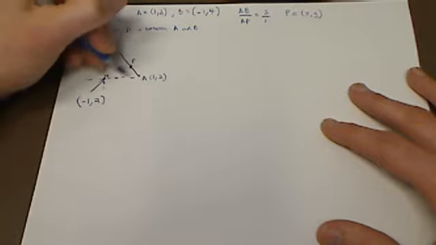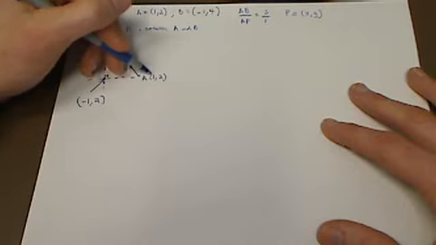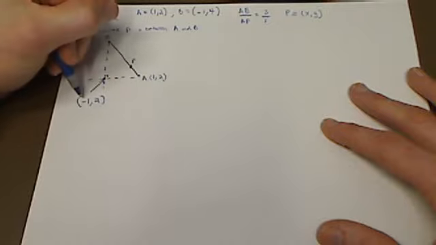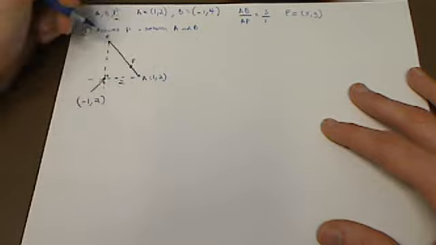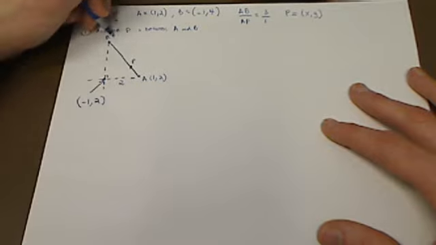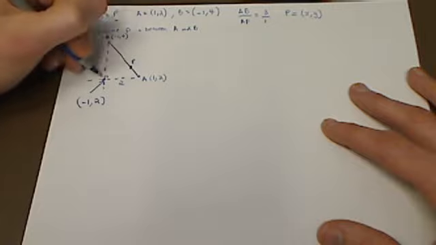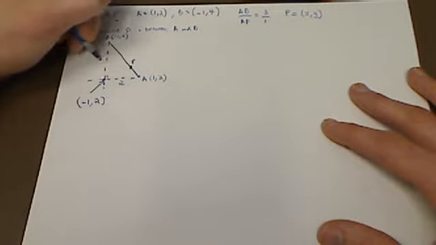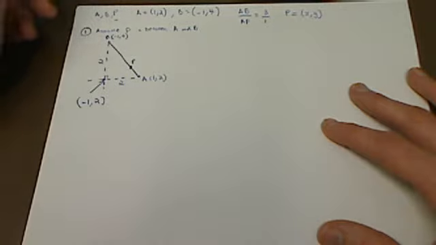Therefore, the length of this is the difference of my x coordinates here and here, which is 2 units. Likewise, the height here is the difference between my y coordinates: my current y value, 4, minus my y value here, which again is 2. So I have an isosceles triangle.